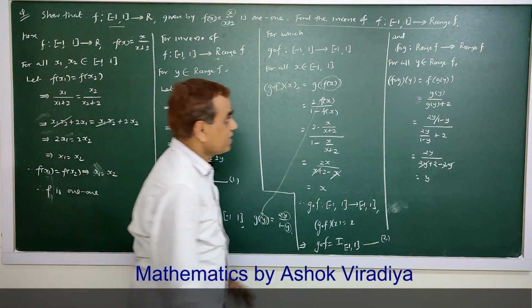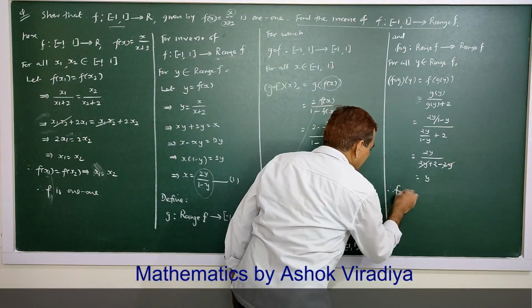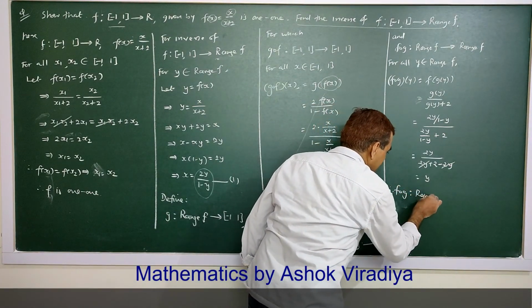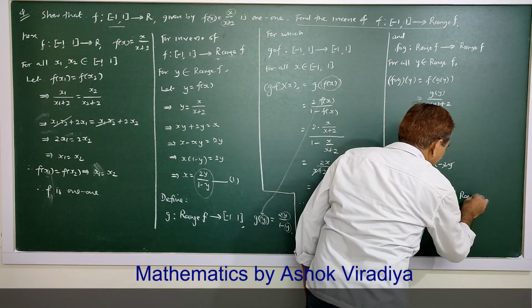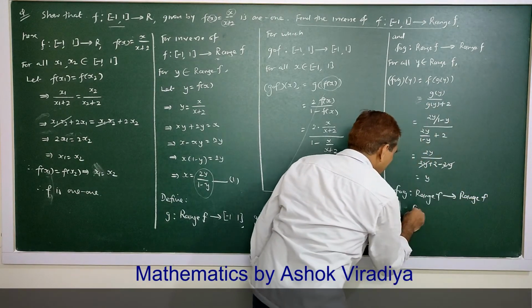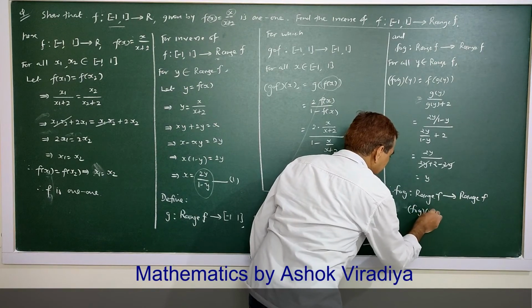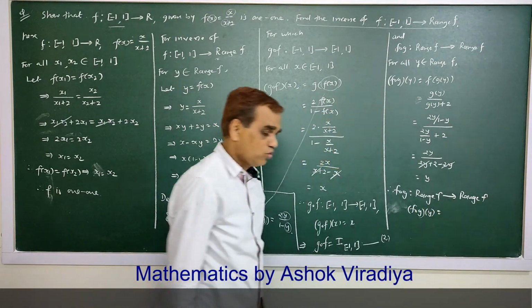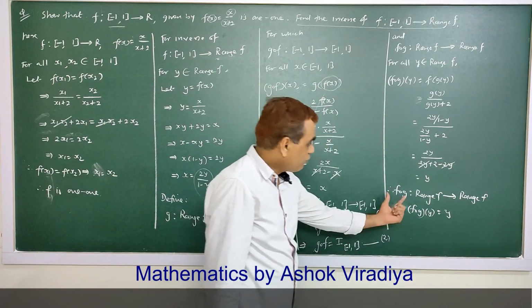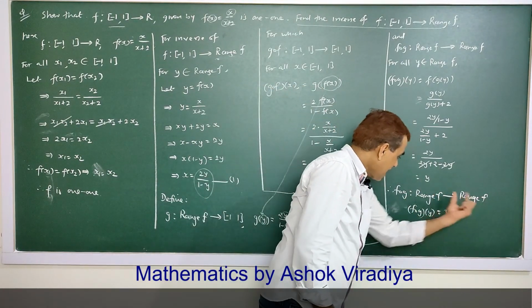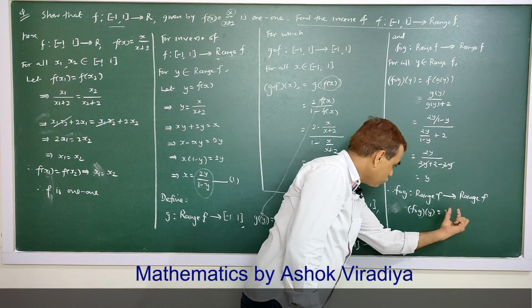So what is proved here? Therefore, f∘g is from range of f to range of f, f∘g of y equal to y. f∘g is from B to B, f∘g of y equal to y.